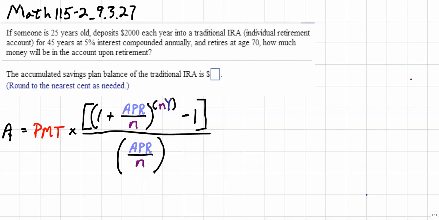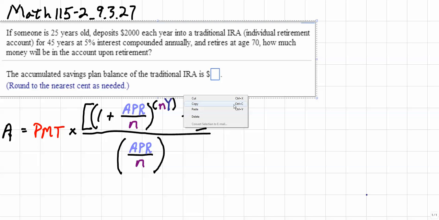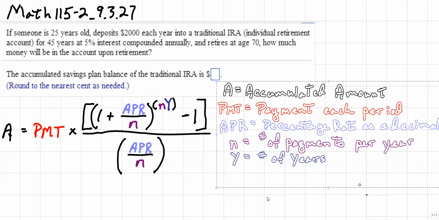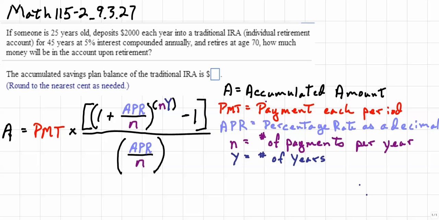Now, what I'm going to do is make sure that we understand exactly what each one of these values is supposed to be. And so I've gone ahead and set this up so that we know what A, PMT, APR, N, and Y are. Now let's assign values to each one of those. As far as the A goes, that's what we're looking for.